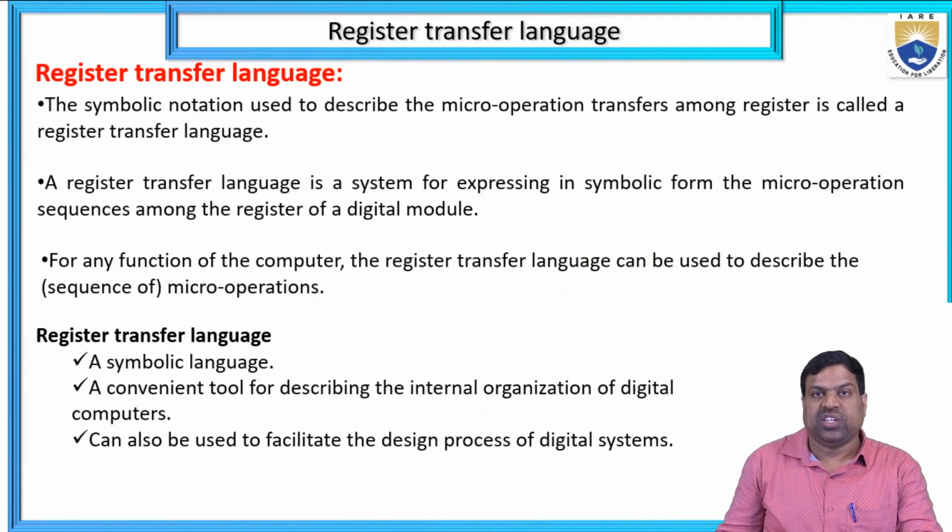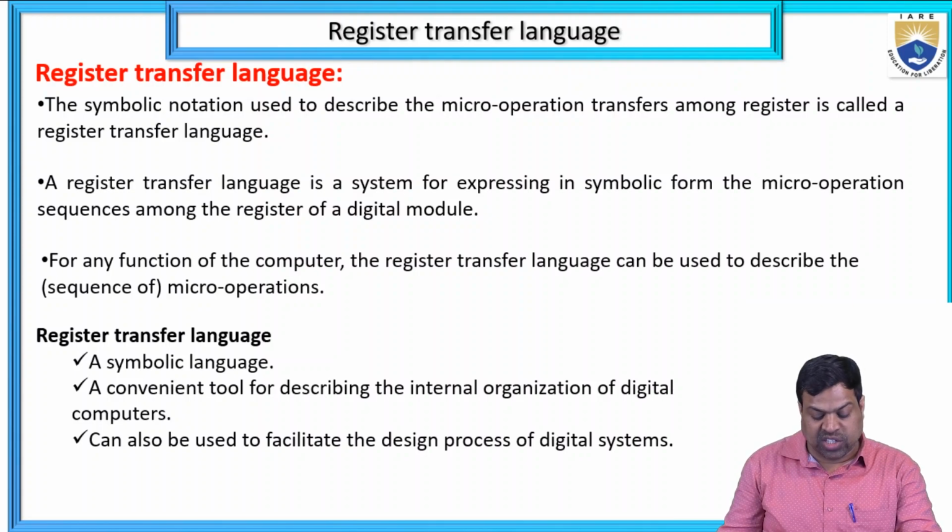Register transfer language: the symbolic notation used to describe the micro operations transferred among the registers is called the register transfer language. A register transfer language is a system for expressing in symbolic form the micro operation sequences among the registers of a digital module. For any function of the computer, the register transfer language can be used to describe the sequence of micro operations.